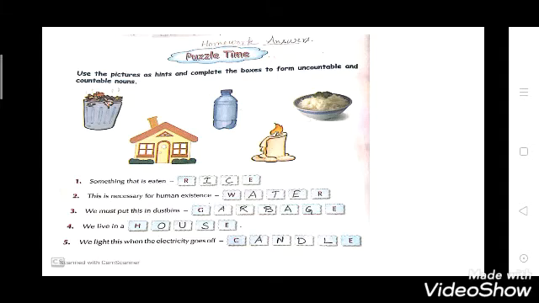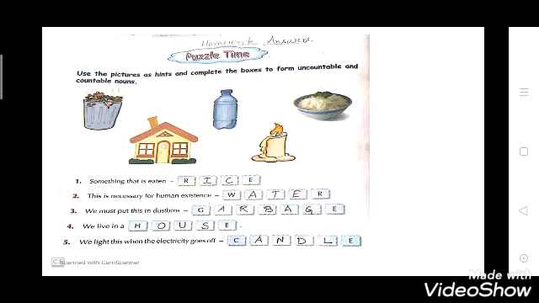Now students, first we will do our homework which I have given you in my previous video. Puzzle time. Use the picture as a hint and complete the boxes to form uncountable and countable nouns. It is a very simple puzzle. The first one is something that is eaten and it is rice.